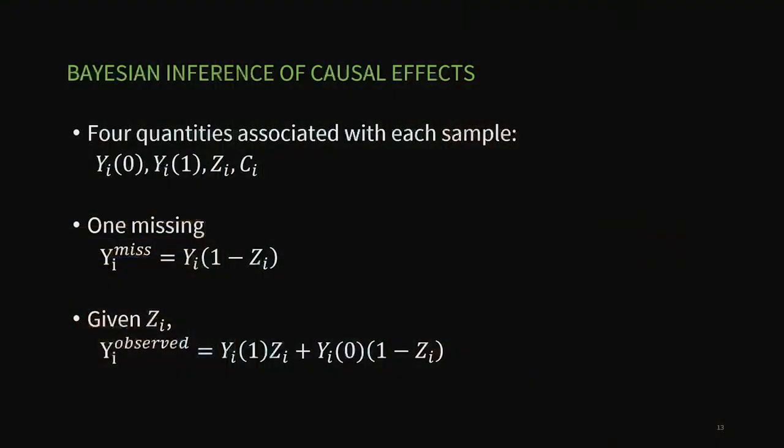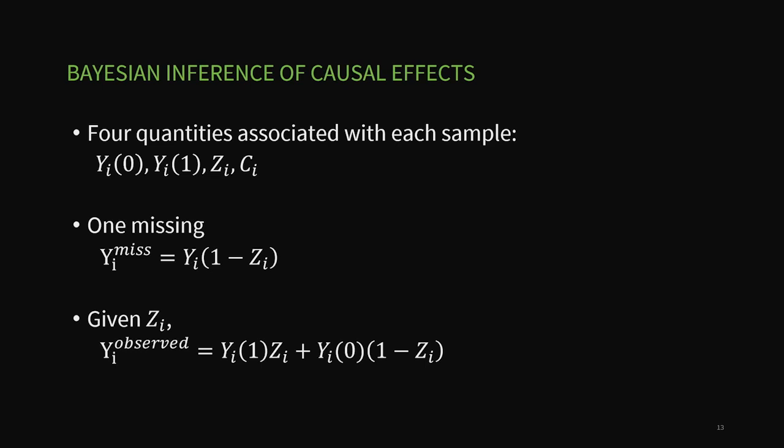We have two additional unknowns. So again, let's think through everything that we have. What are our four quantities? We have our two potential outcomes, we have Z, which is our treatment, and we have C, which is our confounder. Be mindful when you see these zeros and ones; these just represent our outcomes under a specific treatment.